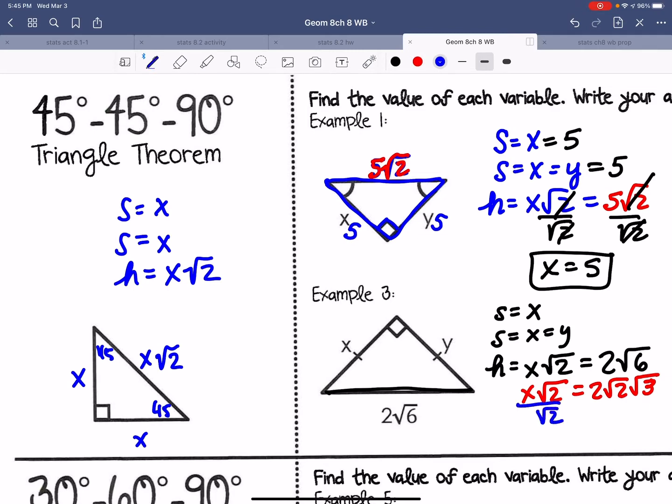This is going to be really handy because when I divide by the square root of 2, it will cancel. Isn't that interesting? And this ends up giving me x is equal to 2 times the square root of 3. So this is 2 times the square root of 3. That's 2 times the square root of 3.